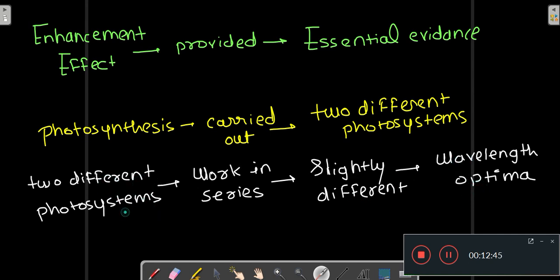The essential evidence for this hypothesis is provided by the enhancement effect.